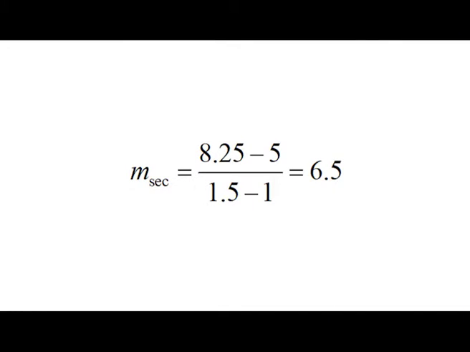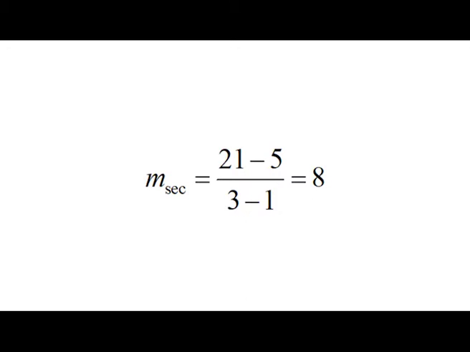The secant line to the graph of f through p and q, ordered pair 1.5, f of 1.5, equal to ordered pair 1.5, 8.25, has slope m secant equal to 8.25 minus 5 upon 1.5 minus 1 equal to 6.5. The secant line to the graph of f through p and q, ordered pair 3, f of 3, equal to ordered pair 3, 21, has slope m secant equal to 21 minus 5 upon 3 minus 1 equal to 8.